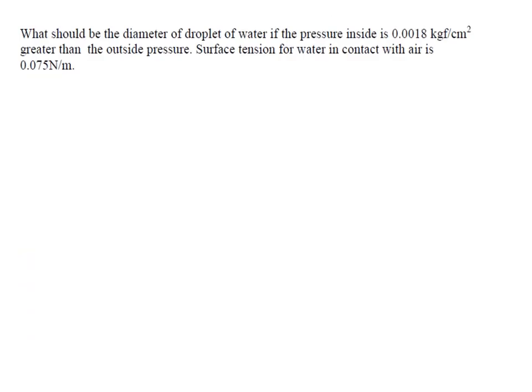Now, using some formulas which relate the pressure and radius. I told you that pressure inside a droplet P is equal to 2 sigma by R. So I will use this expression. What should be the diameter of the droplet? Since a droplet is given, P is equal to 2 sigma by R. Here the pressure inside is greater than the outside pressure, so P is the inside pressure minus the outside pressure, which is 0.0018 kg force. 1 kg force is multiplied by 9.81 to convert to newtons.